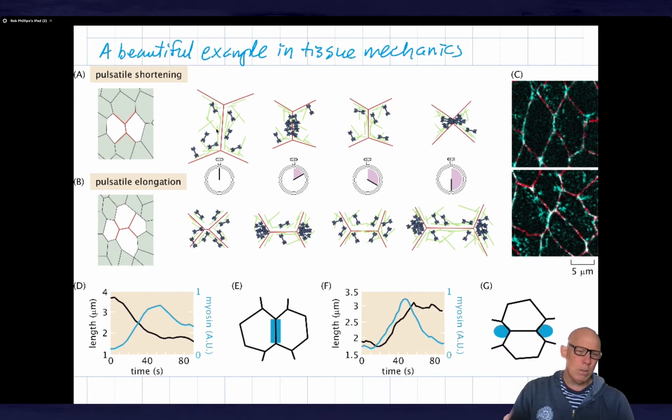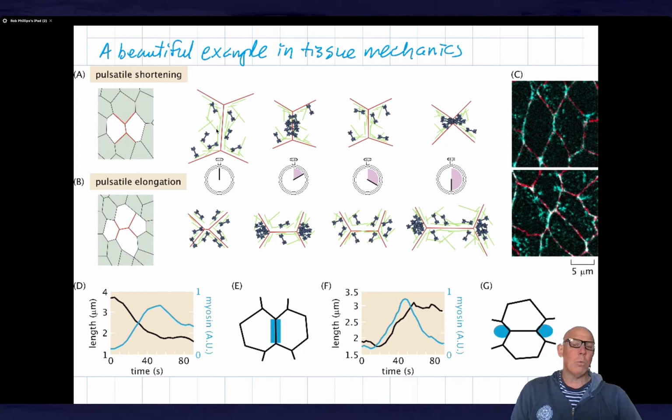So what they were able to do is label the junction, maybe it was cadherin, I don't remember anymore, and they've also labeled myosin, so they know where the myosin motors are and where the junctions are, the interfaces between adjacent cells. Then, using rudimentary image analysis, you could almost do it by hand, I'm not saying that's the way they did it, you could measure the length of this junction as a function of time.